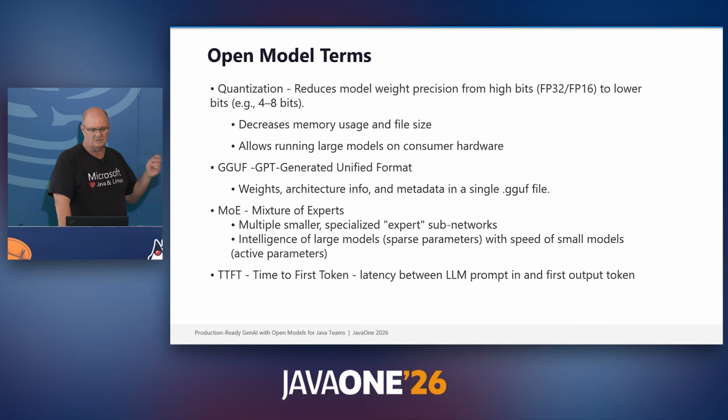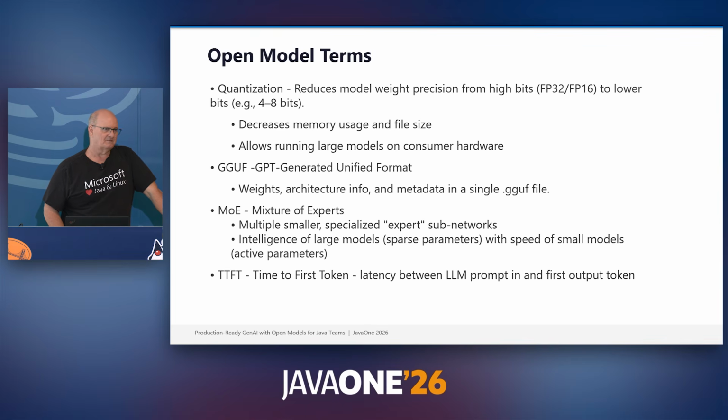When you do that, the research shows that you can have similar results to larger models. So quantized models that have a mixture of experts in them can perform almost as well, depending on the task, as some of the bigger models out there, with much less memory usage, much less energy usage, and similar performance.